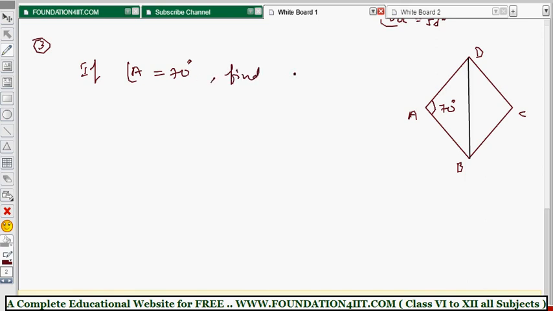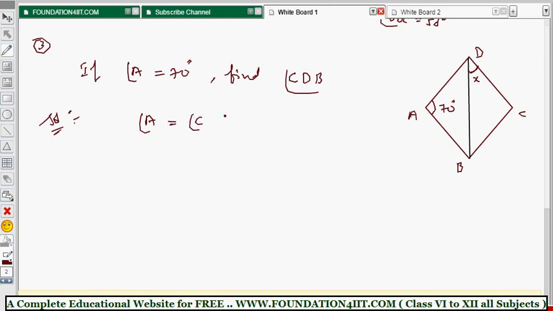Find angle CDB. So CDB is this angle. Take some letter X. We know that angle C is equal to A, because in a rhombus opposite angles are equal. So there is a property: angle A is equal to angle C, because opposite angles in a rhombus are equal.